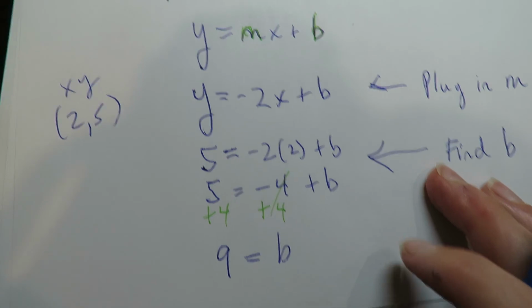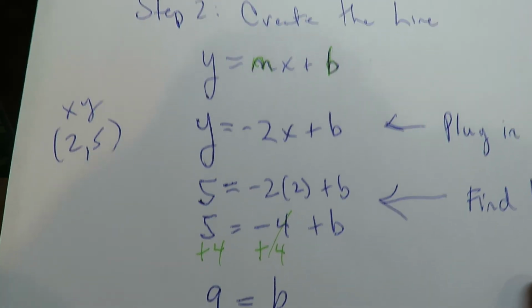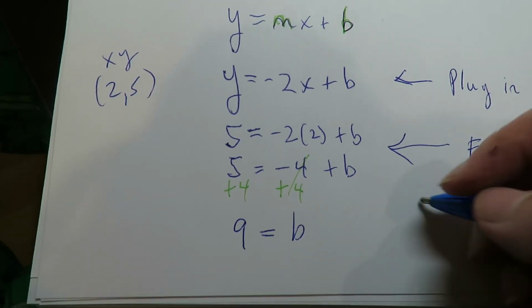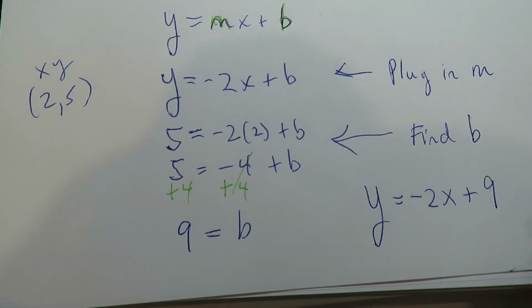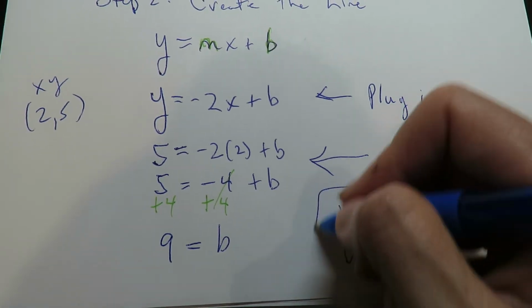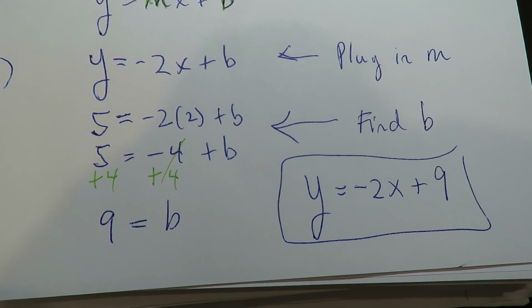When I solve this, I'm getting that b equals 9. So that will be the final answer: y equals negative 2x plus 9.